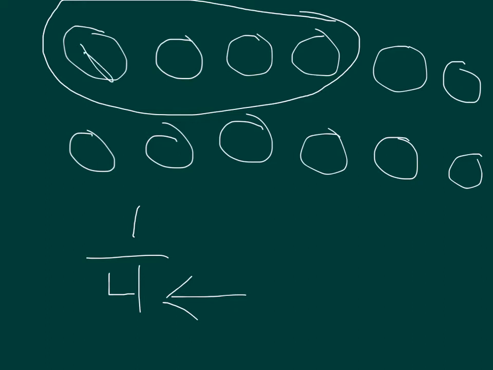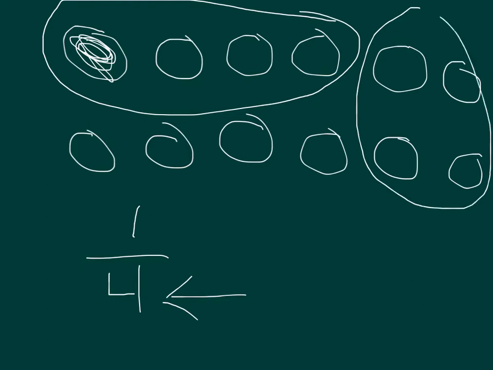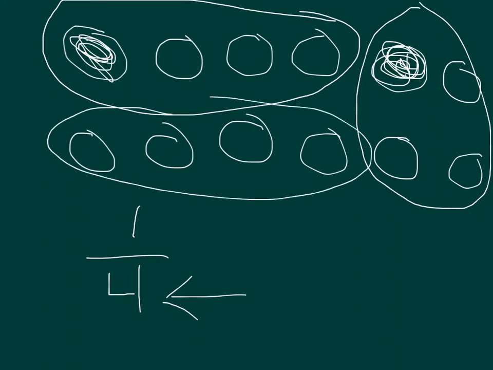Then I'm going to shade 1. I'm going to circle 4 and shade 1. I'm going to circle 4 because 4 is in my denominator. Then I'm going to shade 1/4, or shade 1 as you see in the numerator.